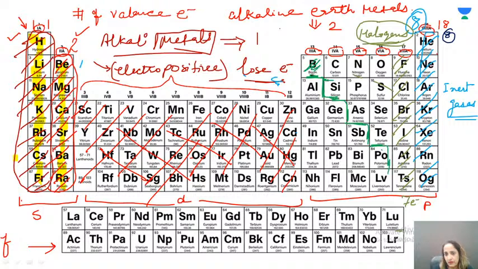So these elements that we have over here are called metalloids, because they have properties which are a mixture of metals and non-metals. So these are called metalloids.